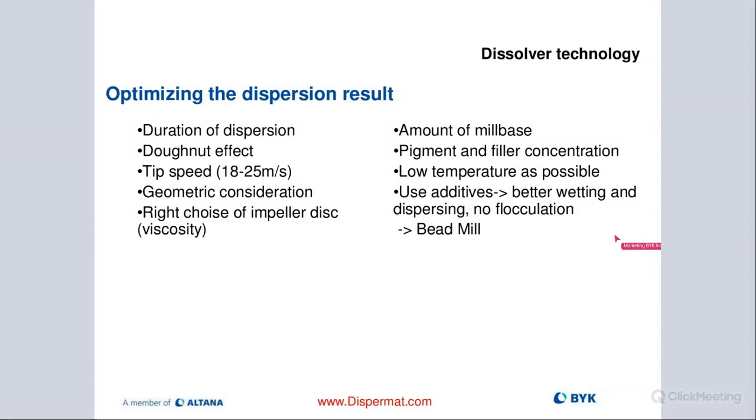So you don't want to hit the container bottom. We actually have some safety devices that will stop you from hitting the container bottom. But if you don't have enough mill base, you're not able to position the blade in the right location. It's hard sometimes to move it up and down. So try to aim for about 50%. So for a 1 liter container, I'm looking for about 500 milliliters of mill base, up to 700 milliliters.